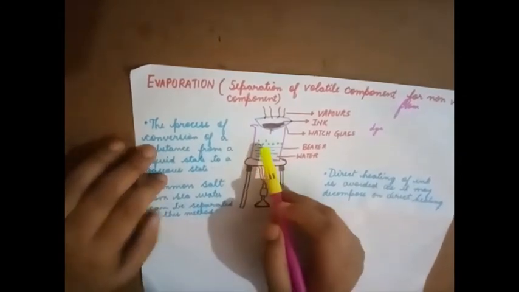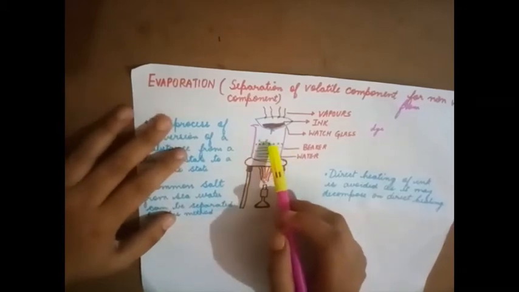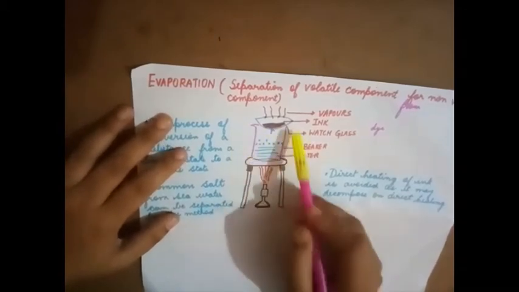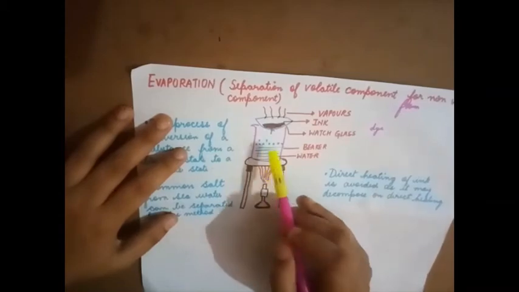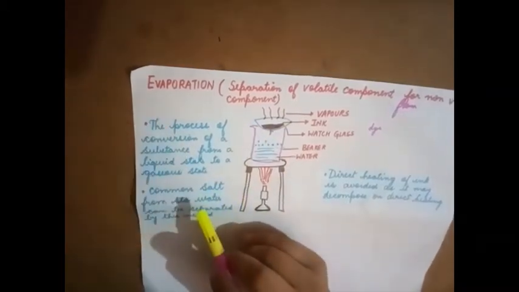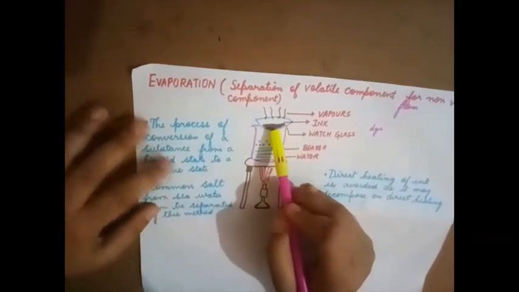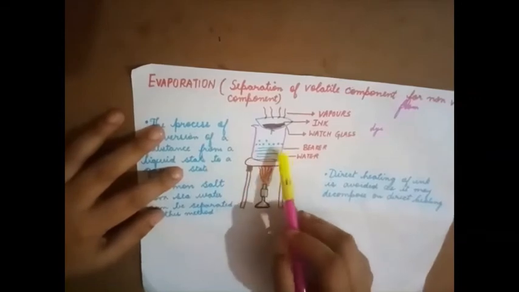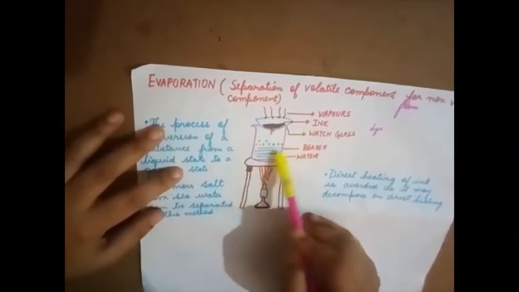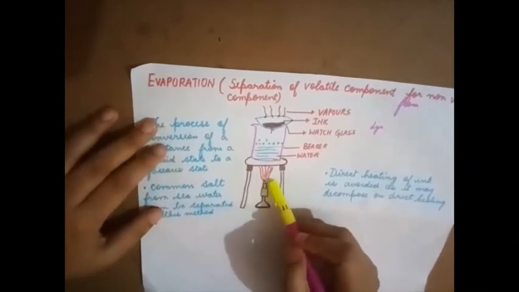Now, look at this particular experiment. For this particular experiment, we need a beaker which is filled with water and a watch glass. Watch glass is an apparatus onto which a substance is kept. So here we are placing ink, and this whole setup is placed on a stand, and there is a burner which supplies heat.